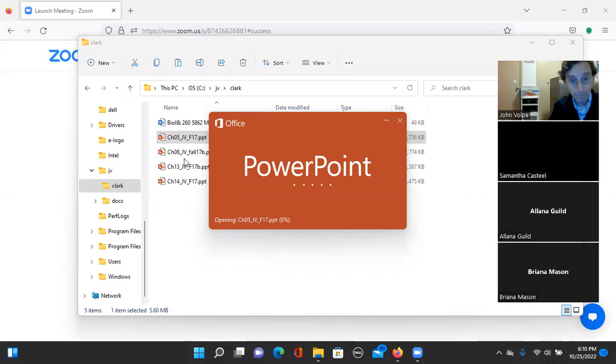Or it might have been a problem with my computer when it started, because Zoom kept crashing. I think this is the fourth time I've started Zoom now. I had to restart my computer, so that's why the PowerPoint has to be restarted.